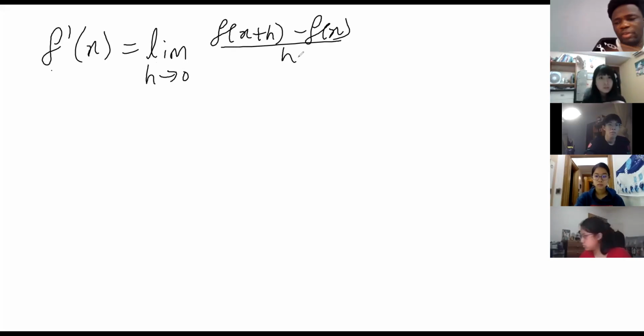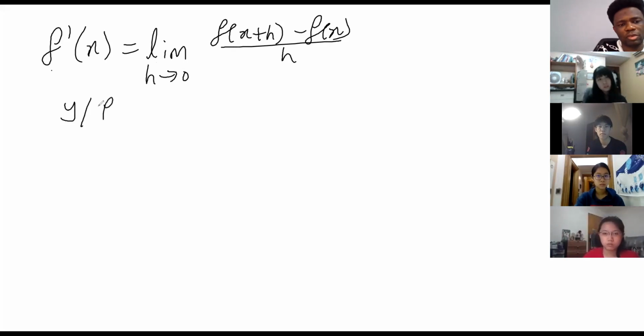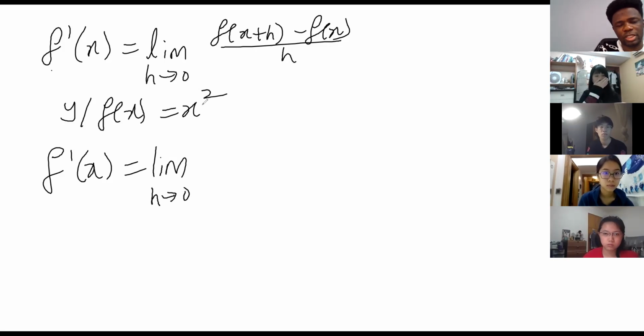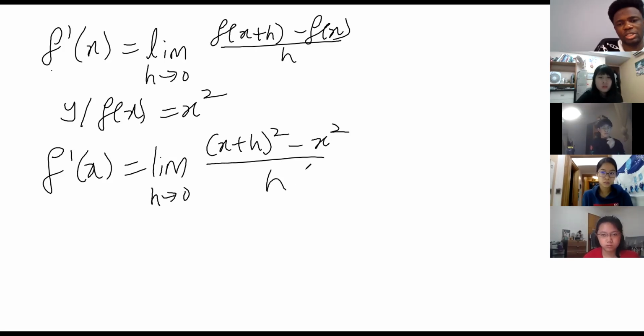So if I'm to find, for example, the gradient function of y, or you can call it f of x, equal to x squared, f prime of x will be the limit as h tends to 0. This is f of x. F of x plus h will be what? x plus h squared. You understand? Minus x squared, divided by h.